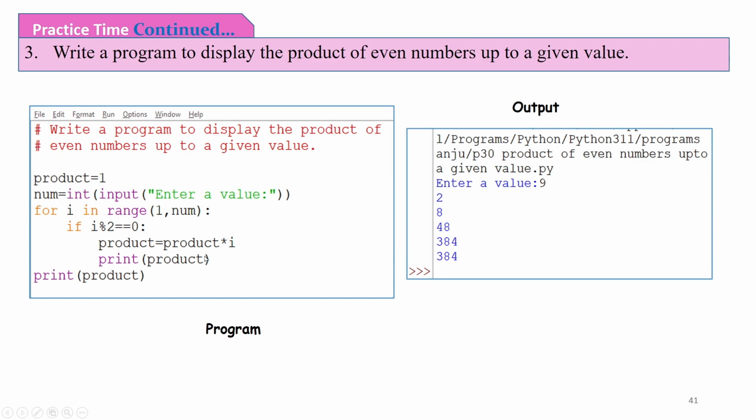And likewise it is checked till i became 9, and the last product is 384. Here also it is printing 384, and when it reaches the end of the loop, after stopping the loop, the last value of the product will be printed here.